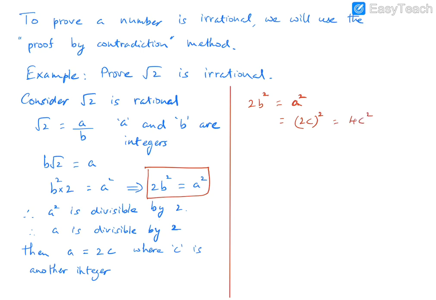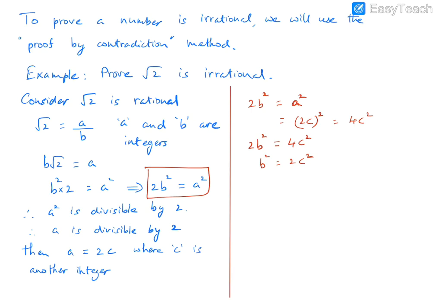So we get here that 2b square equals 4c square, or we can divide the whole thing by 2 and get b square equals 2c square. So what this equation is telling us is that b square is divisible by 2.